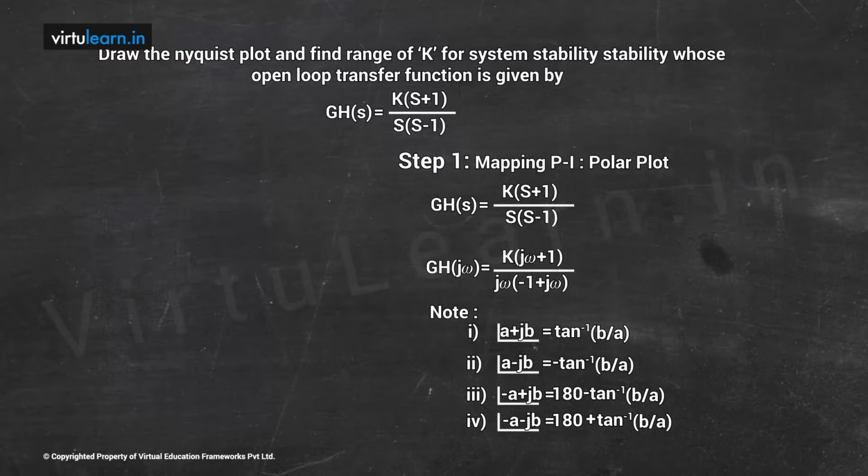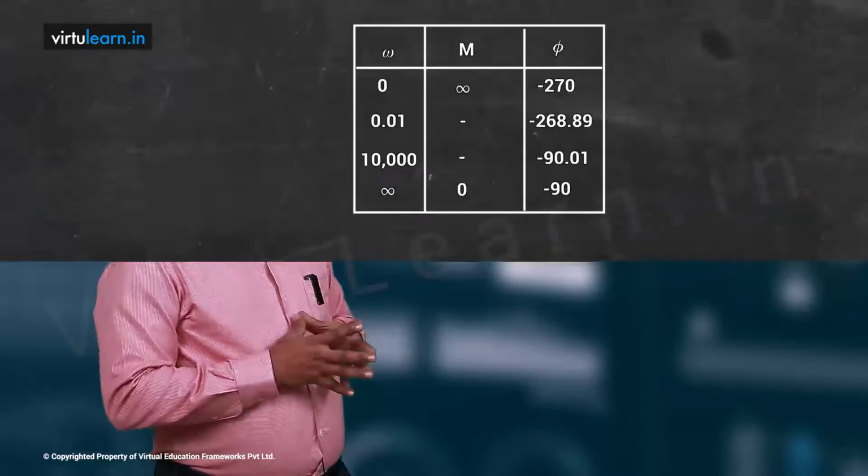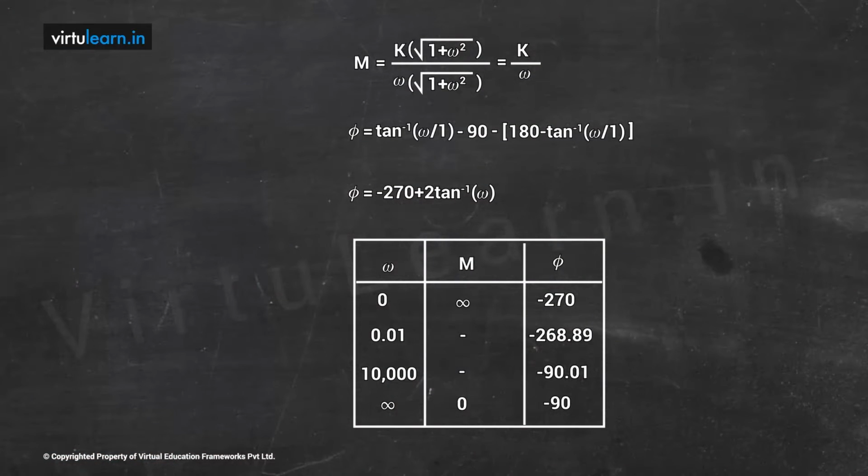Whenever you have j omega minus 1, its angle will be 180 minus tan inverse of b by a, so that formula we will use. What is the magnitude? In the numerator I have K and square root of 1 + omega squared, in the denominator I have omega and again square root of 1 + omega squared. You can cancel the square root of 1 + omega squared in numerator and denominator, then the magnitude is K by omega.